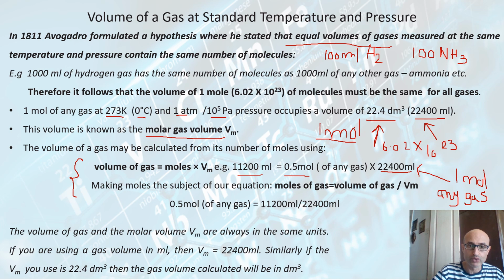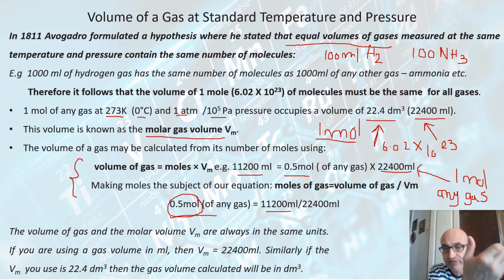Of course, I could also make the 0.5 moles subject of the equation, and I could find the number of moles of any gas if I am given its volume. So if I have 11,200 mils of hydrogen at STP, how many moles of gas are present?